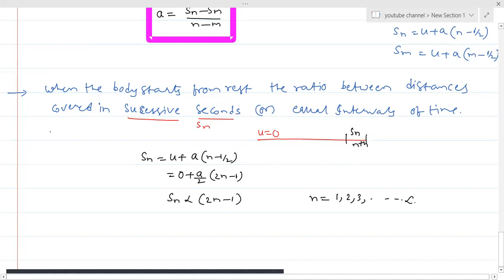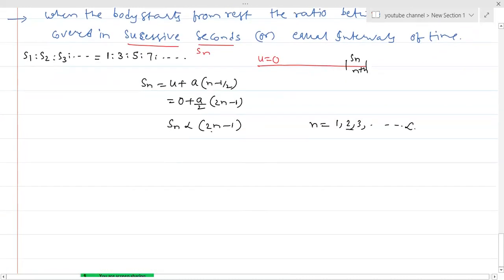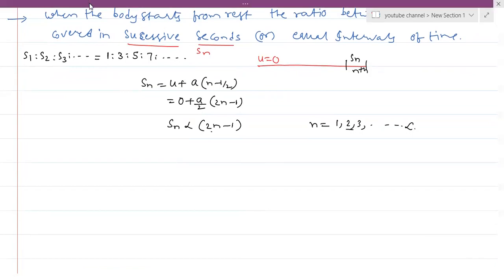So finally, the ratio of distance covered in first, second, third seconds, S1 is to S2 is to S3 and so on, is equal to: we substitute n equal to 1 here, 2 into 1 minus 1 means 1, and later n equal to 2, 2 into 2 minus 1 means 4 minus 1, that is 3. So 1 is to 3 is to 5 is to 7 and so on. This is one important relation.